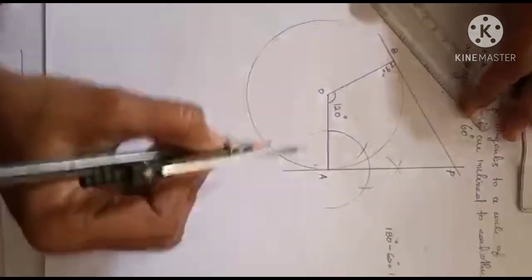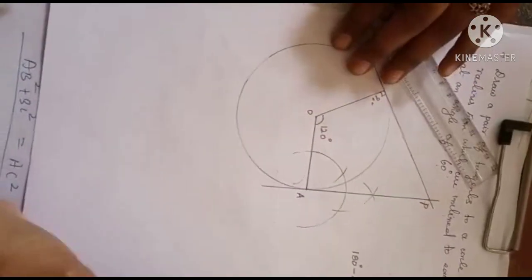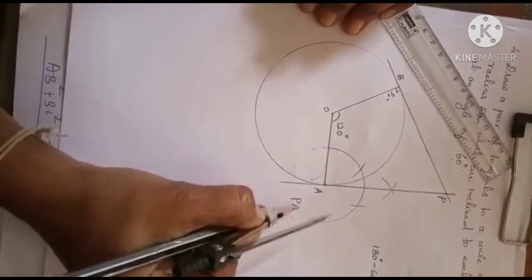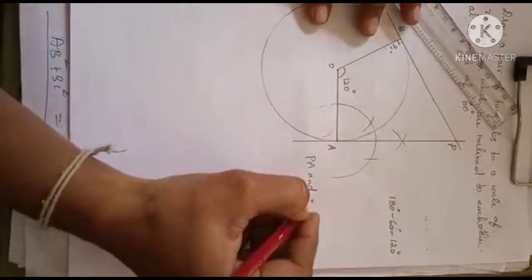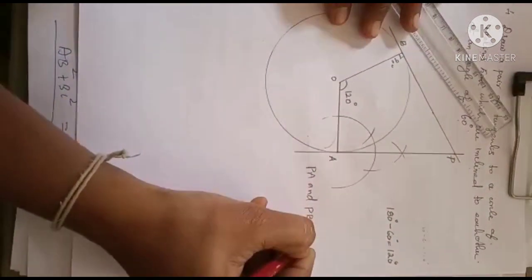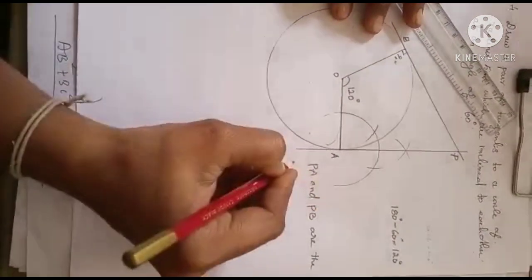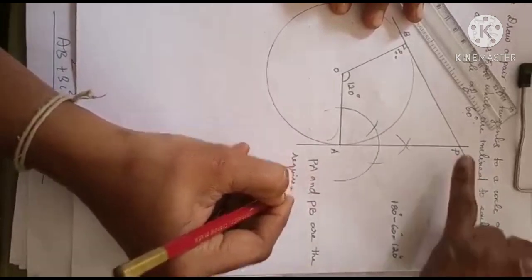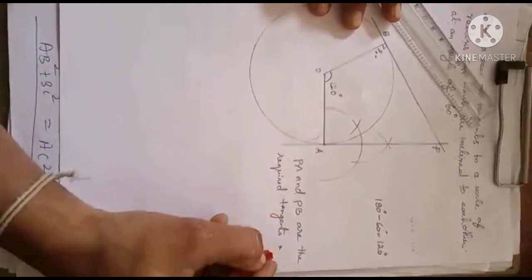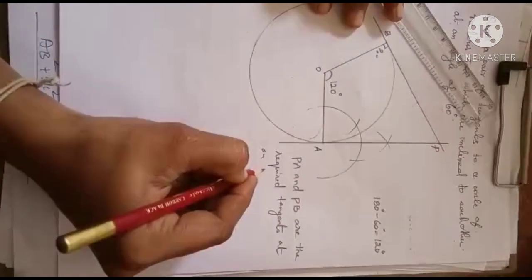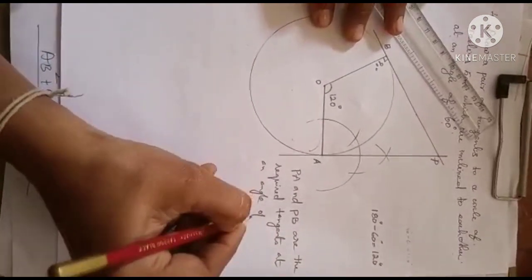PA and PB are the required tangents at an angle of 60 degrees.